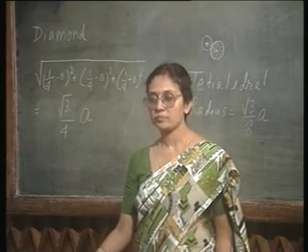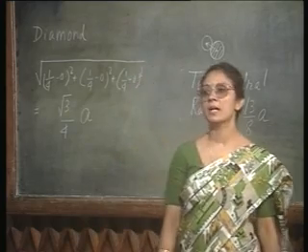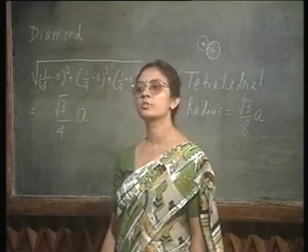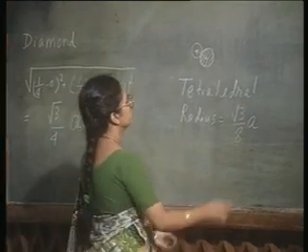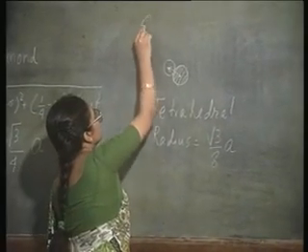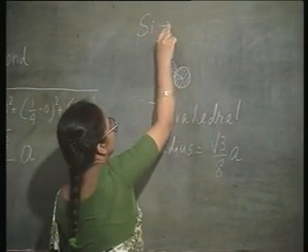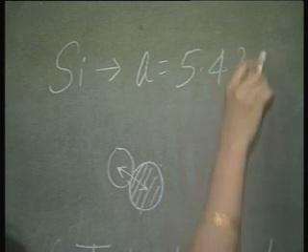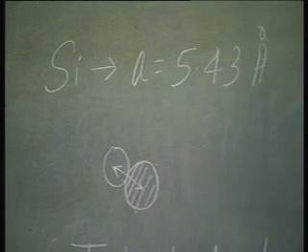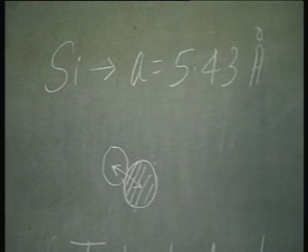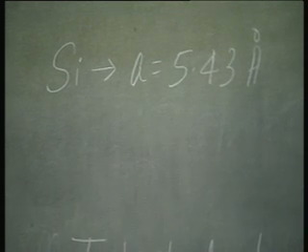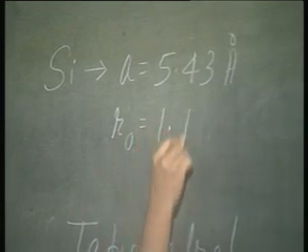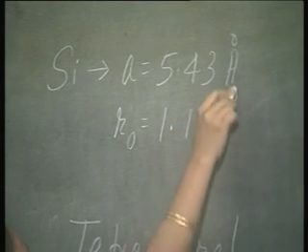For example, silicon has a lattice constant a of 5.43 angstrom, and therefore its tetrahedral radius, root 3 by 8 a, is 1.18 angstrom.